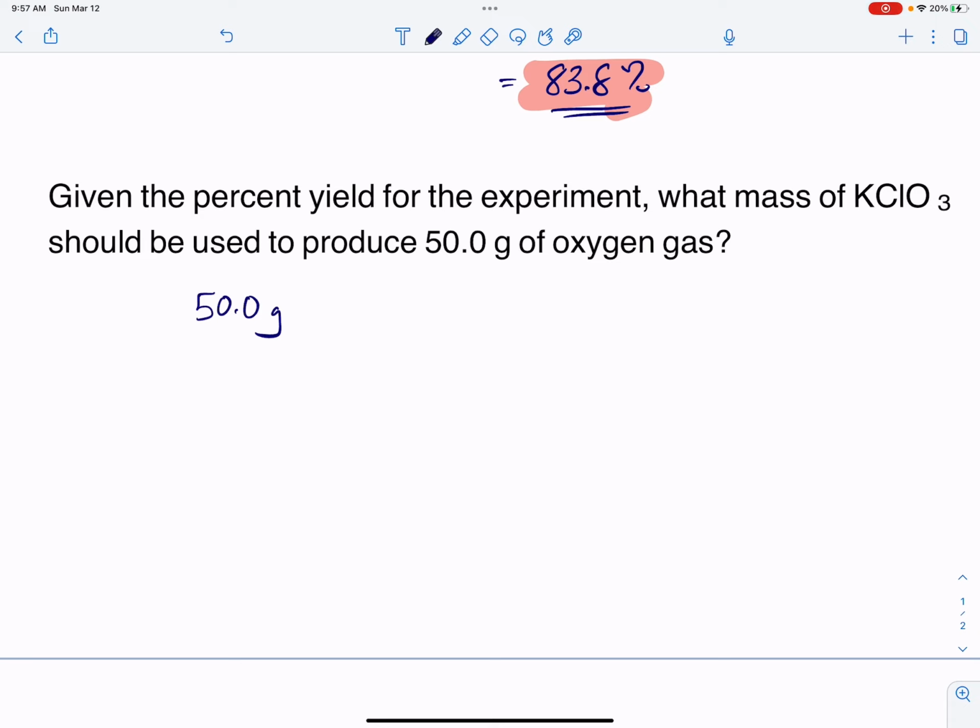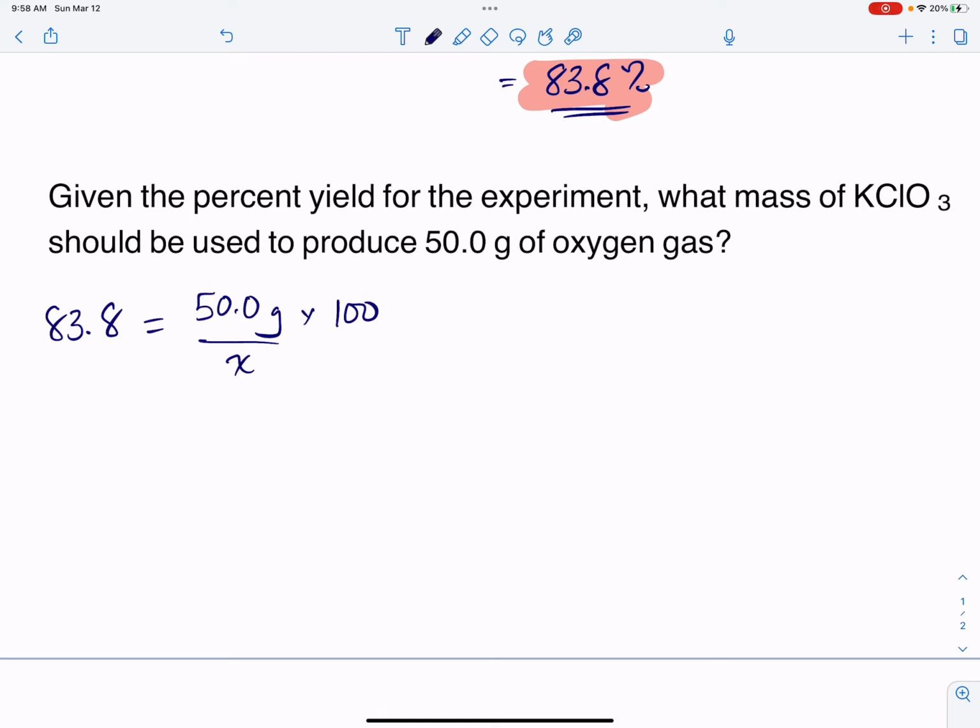Well, if I take the 50 grams and plug that into my percent yield calculation, I'm going to treat this as the theoretical yield. So what I'm going to calculate is what the theoretical yield should be to aim for. So 83.8% would be the actual yield that I must make, 50 grams, divided by some amount that I should aim to make theoretically, times 100, right?